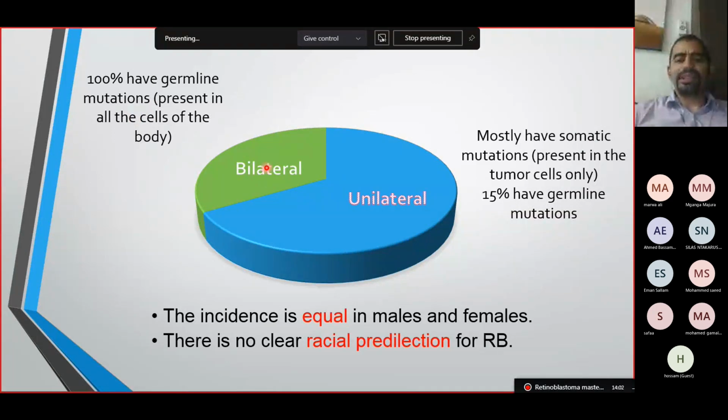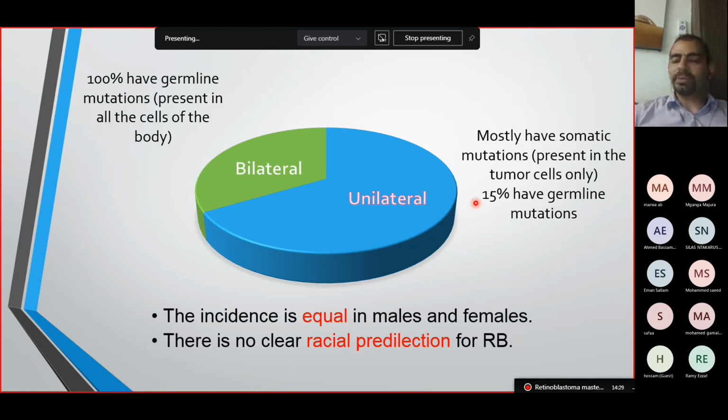So bilateral retinoblastoma means that this patient has what we call a germ-line mutation. And in a few seconds, we will understand the meaning of a germ-line mutation. While in patients with unilateral retinoblastoma, most of them have what we call a somatic mutation and not a germ-line mutation. So the mutation is present only in the tumor cells and not in all cells of the body.